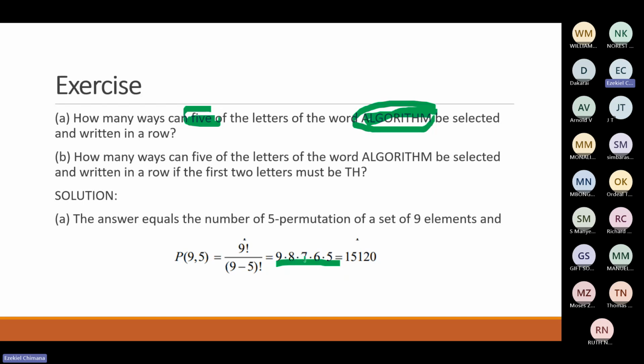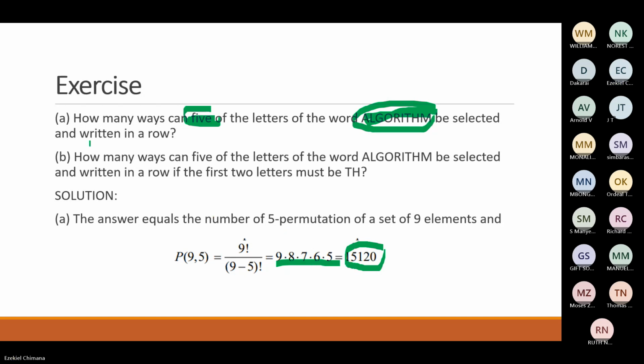We are saying 9 times 8 times 7 times 6 times 5, because 4 factorial is just 4 times 3 times 2 times 1, and it cancels the remainder of this 9 factorial. This is going to be the answer. So you are going to get 15,120 permutations, each of 5 letters.